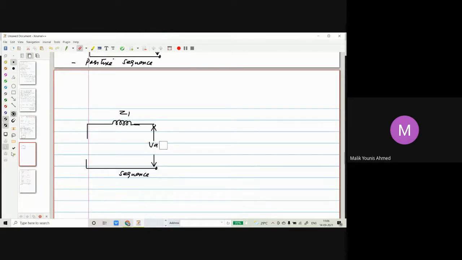That will be the only change. So there is no voltage source here.